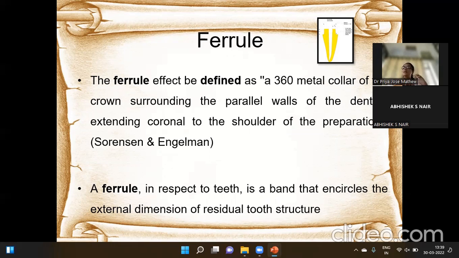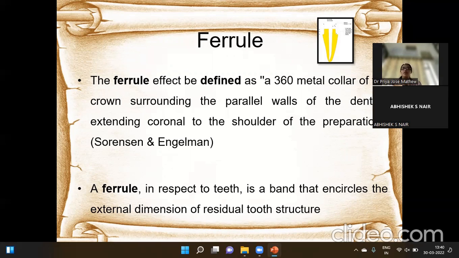It is much subgingival. So if you have managed to do an endodontic treatment and remove the caries, but the subgingival margin is not exposed, then we would be preparing that area arbitrarily, and the whole restoration, the post and core, will be inside subgingivally.